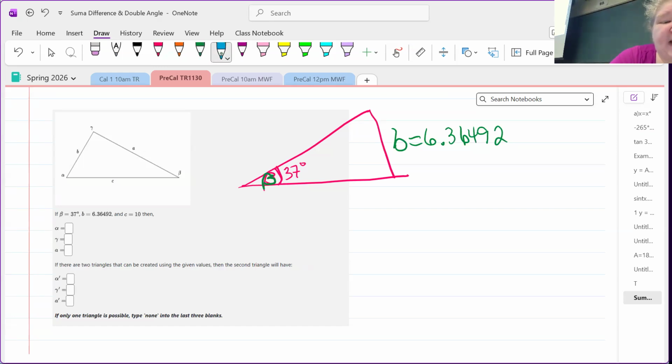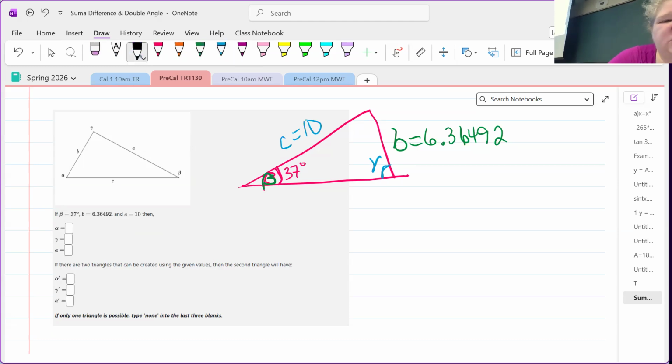Then the other side they gave me was side C. And I make side C my other diagonal side. That makes the angle opposite C angle gamma. We could also call that angle C if you want.